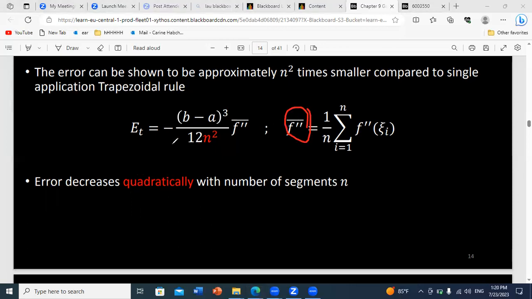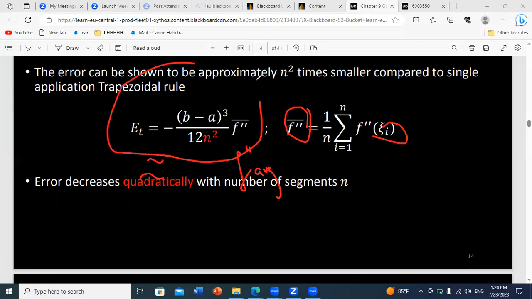And this is why we say we'll do the approximation of the error as minus (b minus a) cubed over 12 n squared times f second average, because f second average we can calculate, but f second bar we cannot know since it depends on epsilon. Okay? So when I give you this, what can you conclude from this?